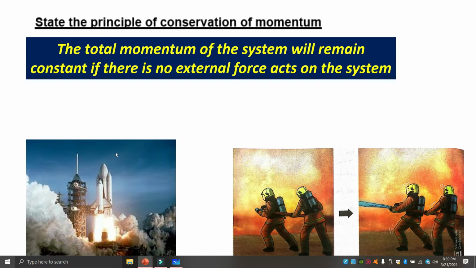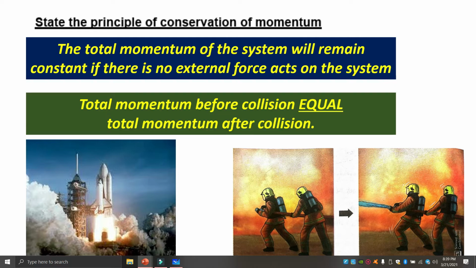The total momentum of the system will remain constant if there is no external force on the system. So let's say for this one, for the rocket, the total momentum before it goes up is equal to the total momentum after it goes up. In other words, the total momentum before collision is equal to the total momentum after collision.